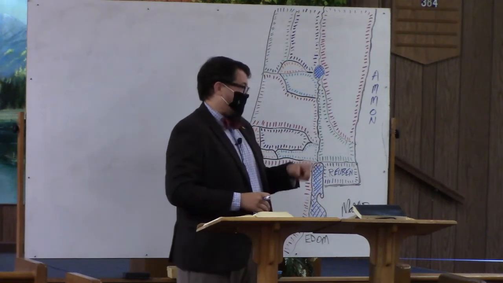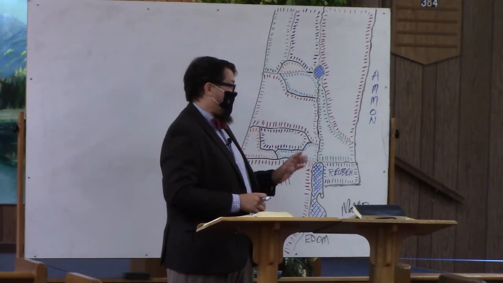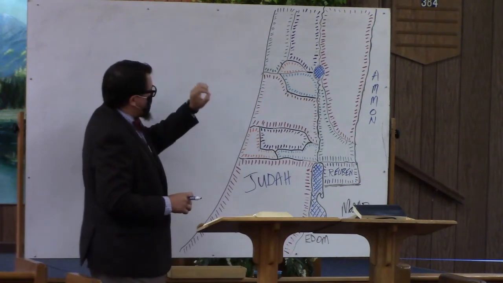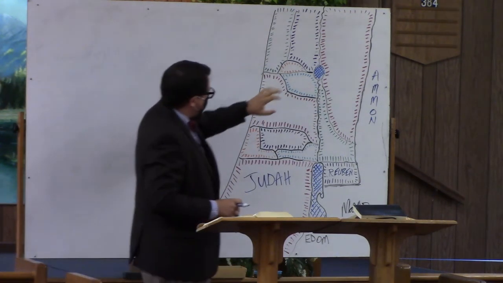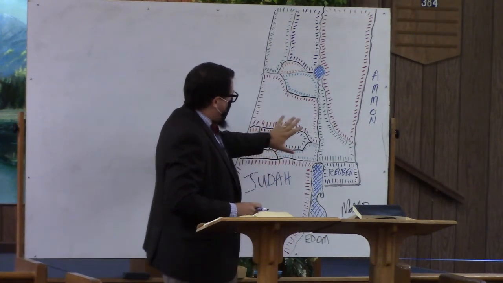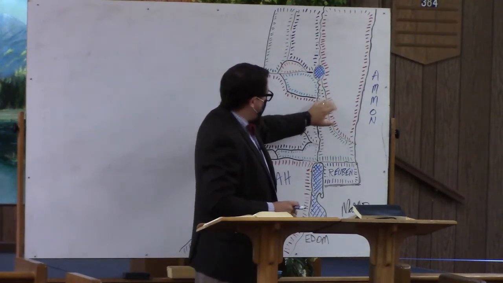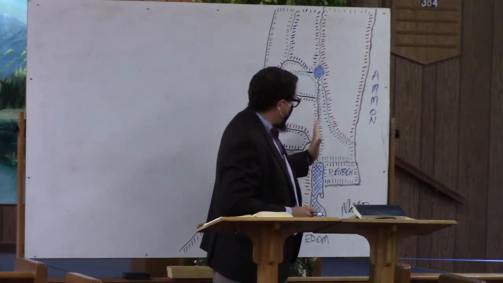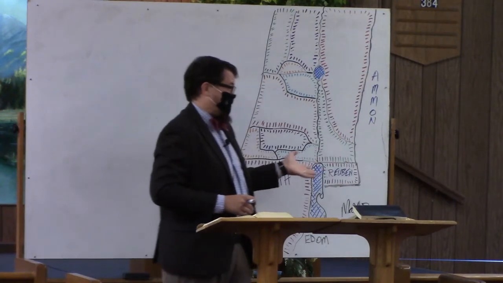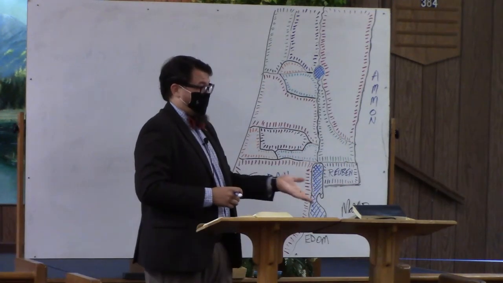Reuben didn't get the promise. Yes. So God lays out that the promised land is supposed to be everything here west of the Jordan. And in the course of bringing Israel here, he blesses Israel by expanding the promised land to include this land east of the Jordan. And Reuben makes it.